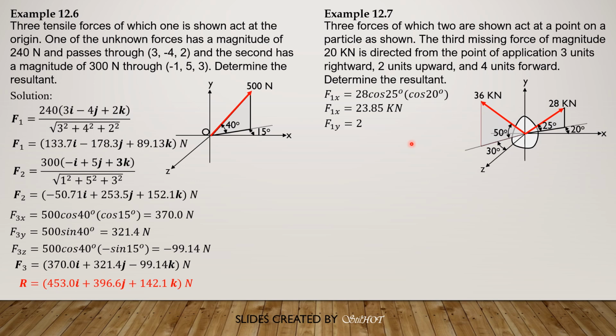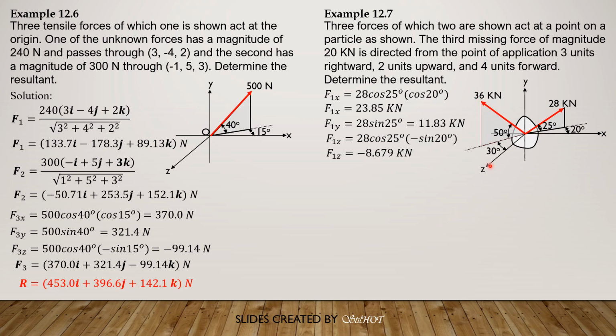F1y is 28 sine of 25, so it is 11.83 kilonewtons. F1z is negative. So it is 28 cosine 25, then times negative sine 20. So F1z is equal to negative 8.679 kilonewtons.